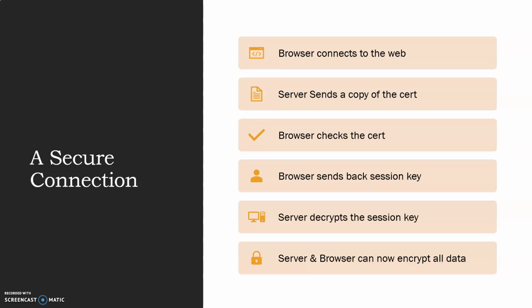The browser checks the certificate and verifies the information, and then it sends back a session key to authenticate. The server decrypts the session key using its private key as well. Eventually the server and browser can start talking, and they can encrypt all the data between them. Okay, so this is how it works.